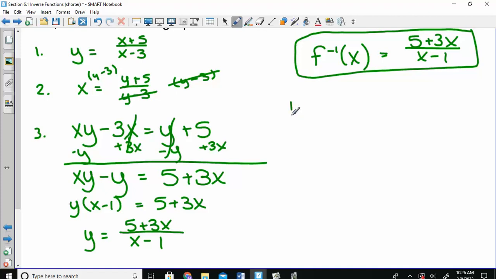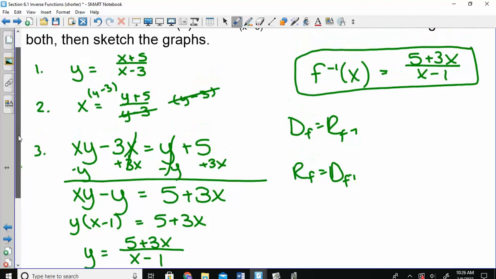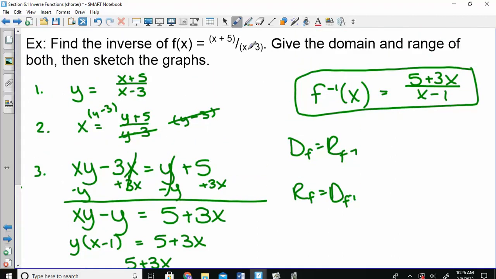Then I wanted domains and ranges. So the domain of the function we know is equal to the range in the inverse. Range of the function is equal to the domain in the inverse. In the original function, what can x not be? X can't be 3.